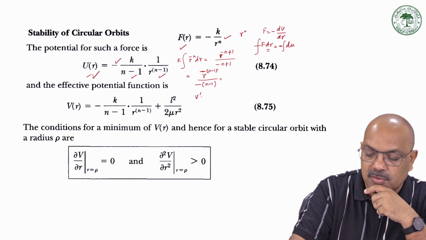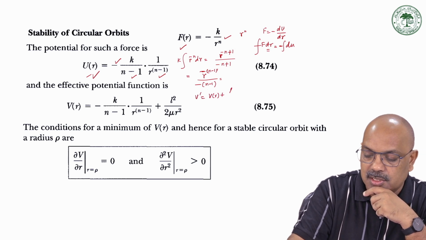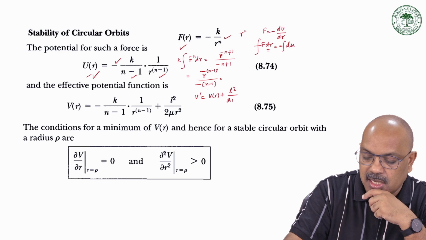Then the effective potential will be this potential plus L squared upon twice mu r squared.